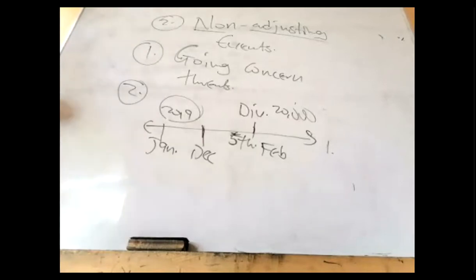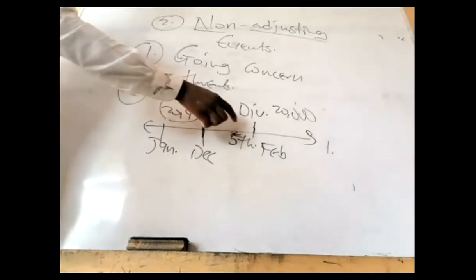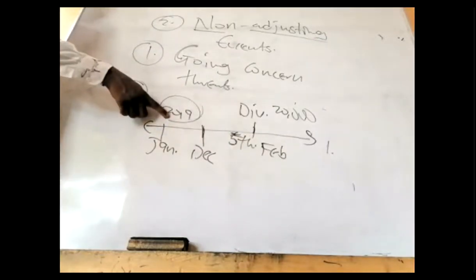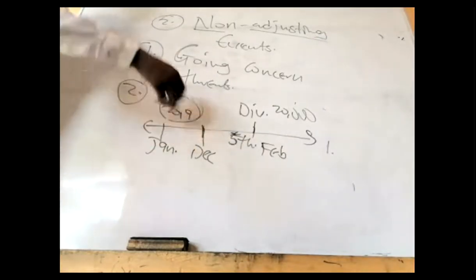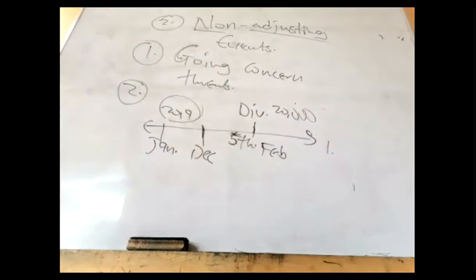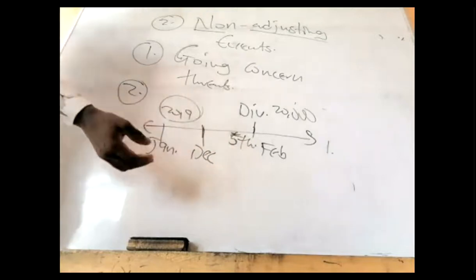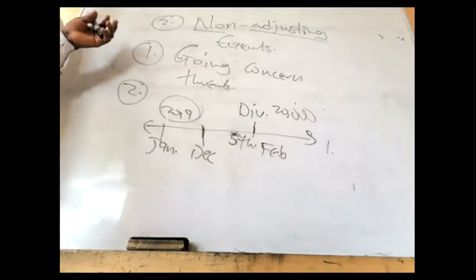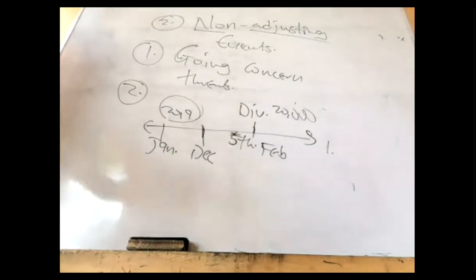So if you declare dividend after the reporting period, even if it's for this year, nothing suggests that you owe dividend at the year end. So that's how you're going to treat it.